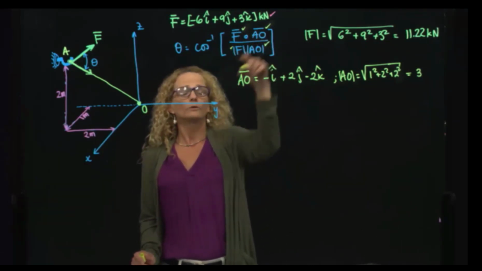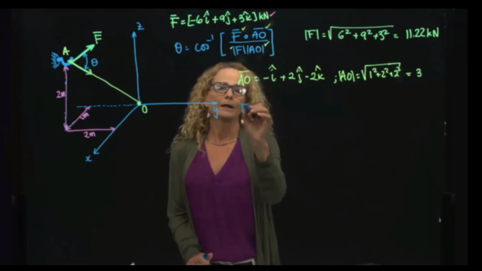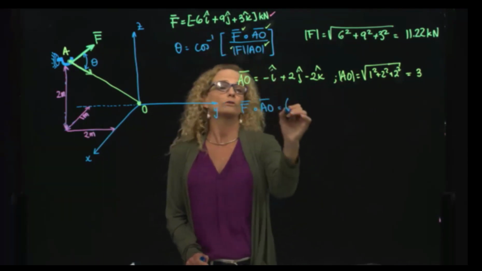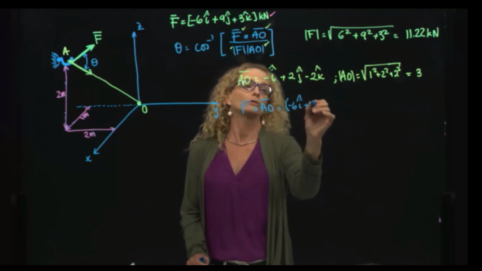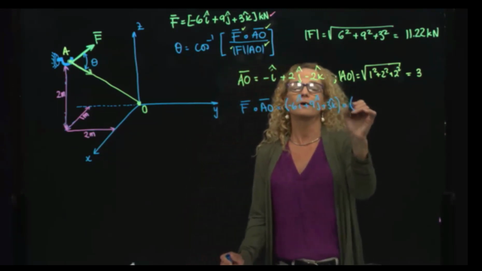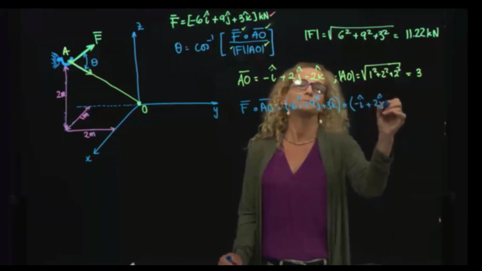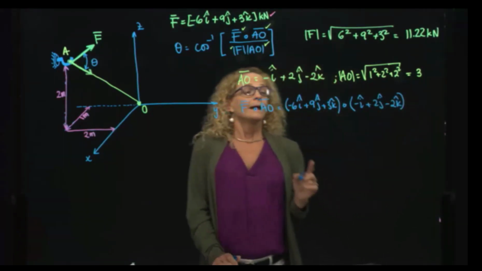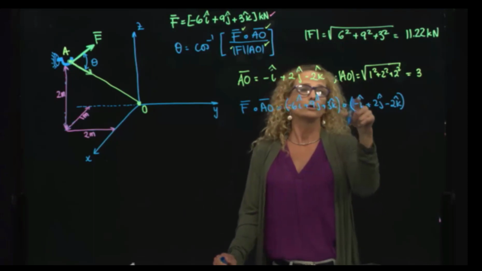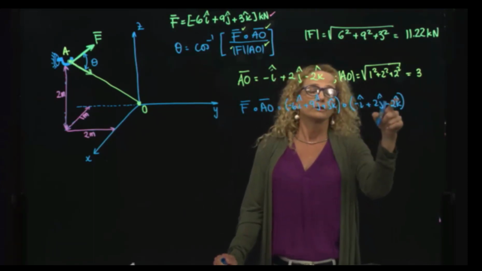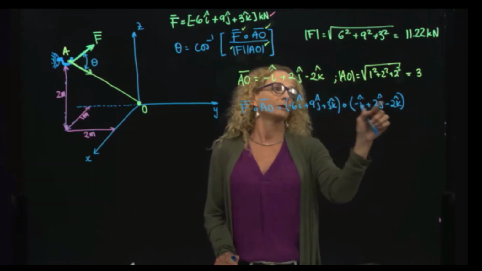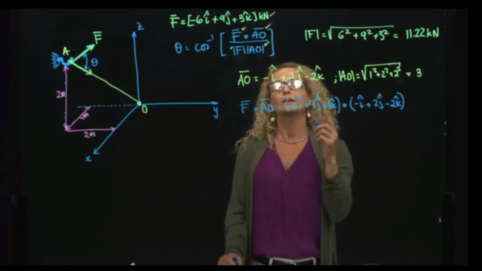So we have the four components. Now we have to do the dot product with those two vectors. Remember that a dot product is different from a cross product. So we write our vectors, negative 6 in I plus 9 in J plus 3 in K, dot product, the vector that we just found, negative I plus 2J minus 2K. In the dot product, we remember that I dot I is 1, I dot J is 0, I dot K is 0, J dot I is 0, J dot J is 1, J dot K is 0, and so forth. So the only values left are I dot I, J dot J, and K dot K, and the result will give me a scalar.